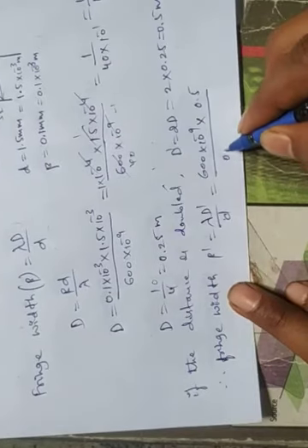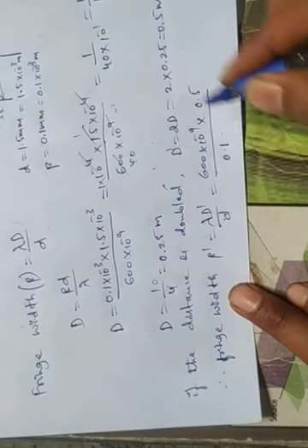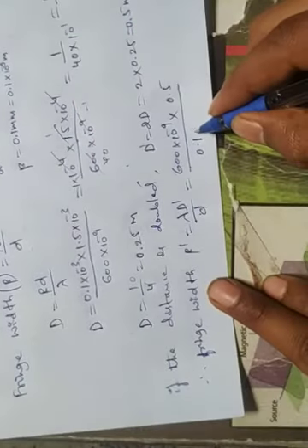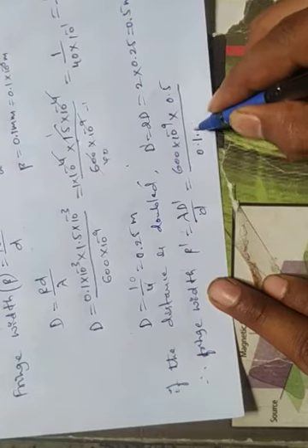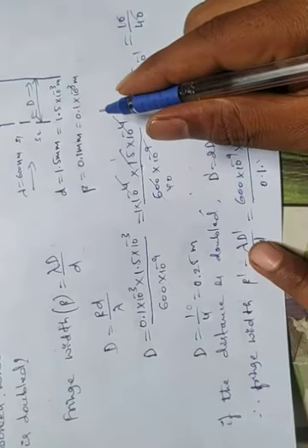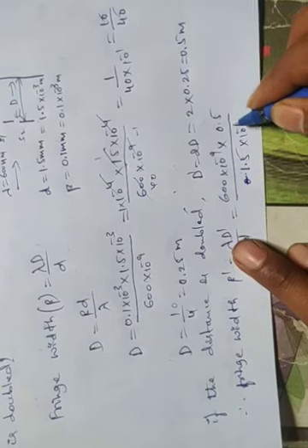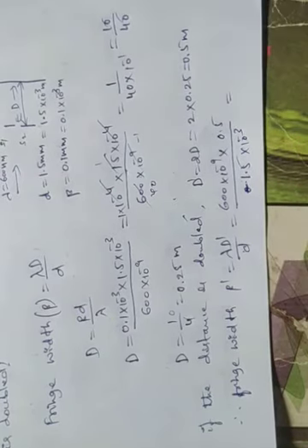Here d is 1.5 into 10 power minus 3. So again you can do the calculation of this one.